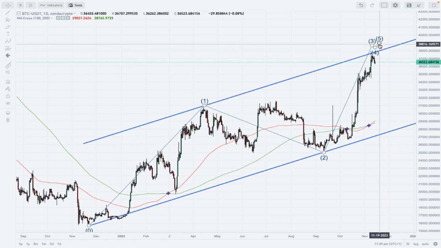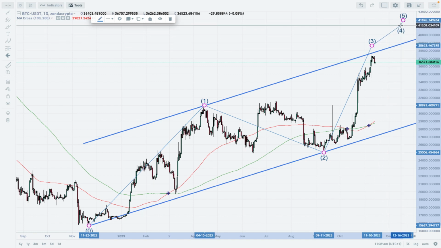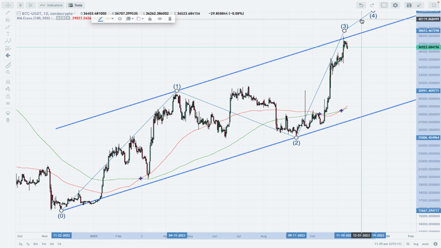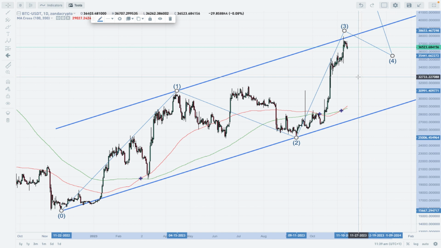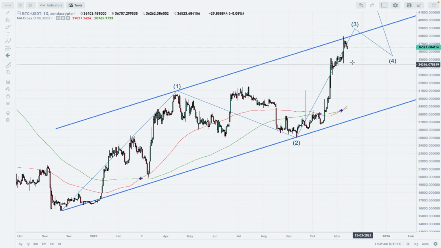For the purpose of our analysis, let me move our wave 5 and wave 4 a little bit higher here so they will not bother us. So right now we are just waiting for wave 3 to be completed and wave 4 to develop.